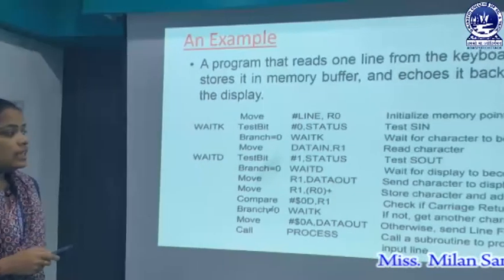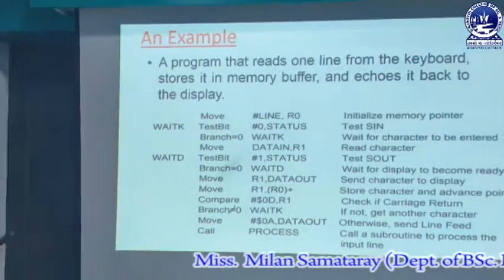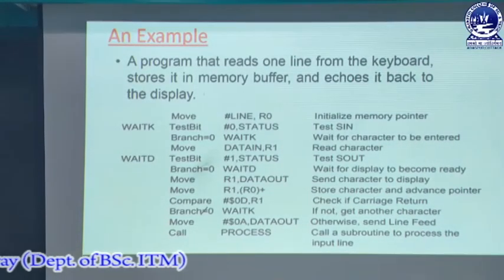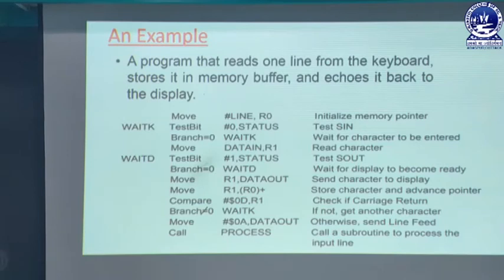Then Move DATAIN, R1. After reading the character from the keyboard, it is stored in the data in register. Then from the data in register, it is transferred to R1, which is our processor register, but data in is a buffer attached to the input devices. The next one is Test Bit on the status bit S out.